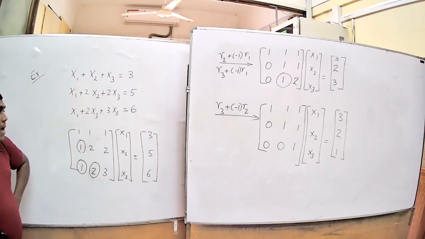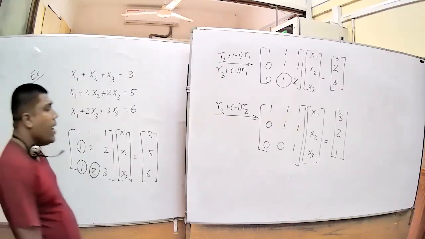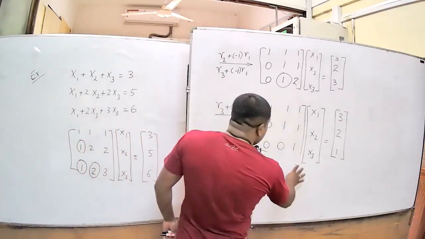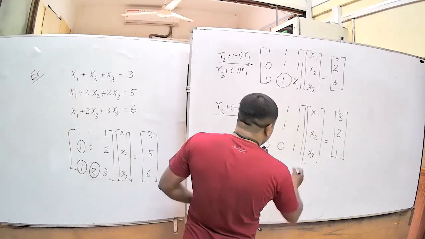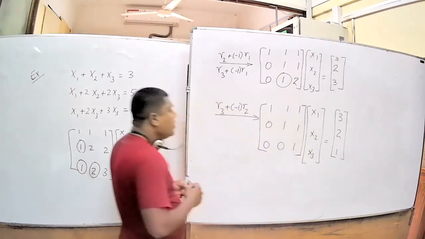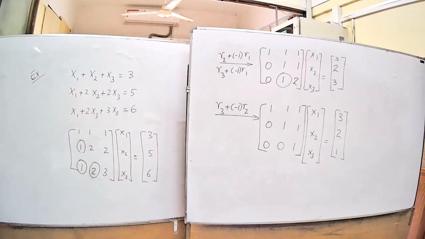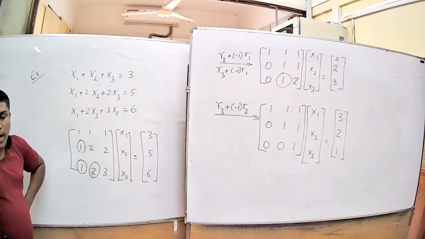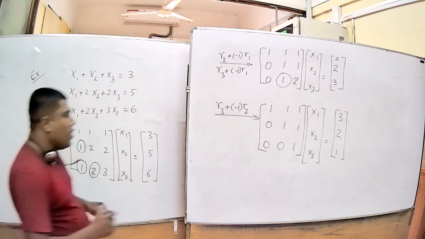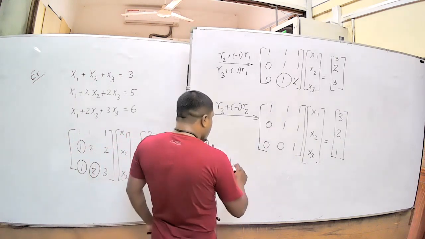So once you get the upper triangular matrix, if you see the last line, you have 1x3 equal to 1. So you start solving from the last row.